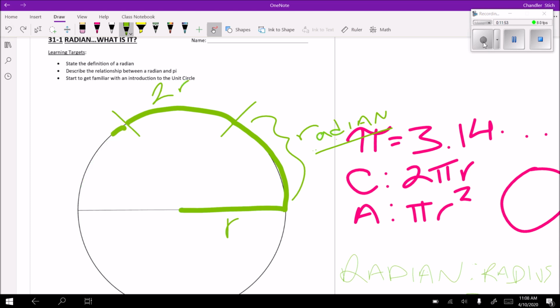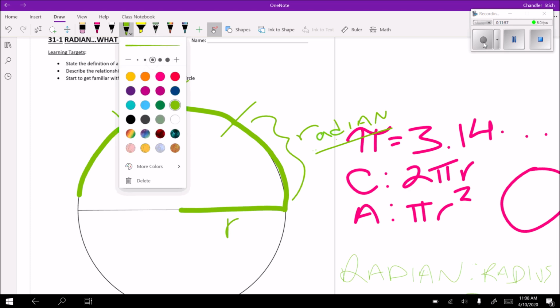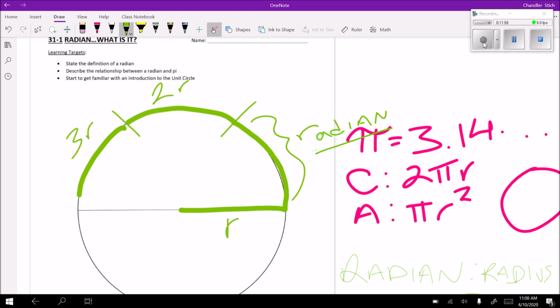This would be 3r. Not quite all the way around half the circle, not quite the semicircle yet, right? What are we left with? That little bit.